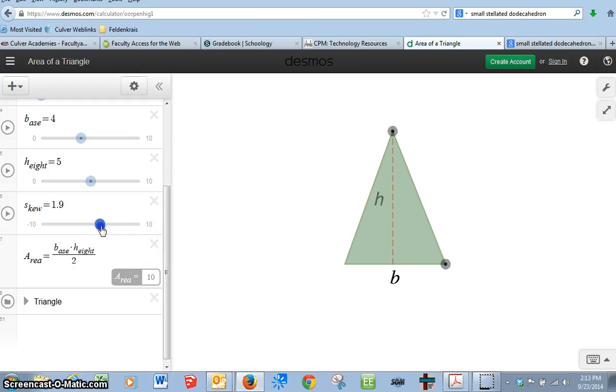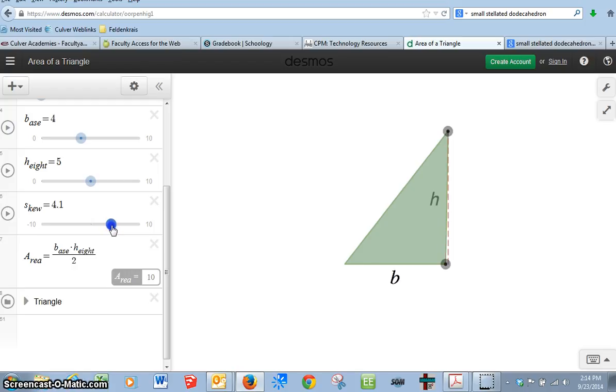Now, without changing the base or the height, I can make the reflection of that right triangle with a base of 4 and a height of 5. The area still hasn't changed.